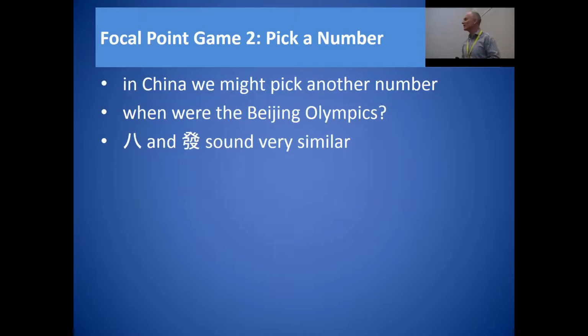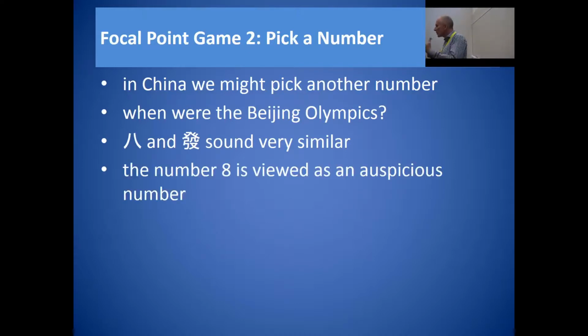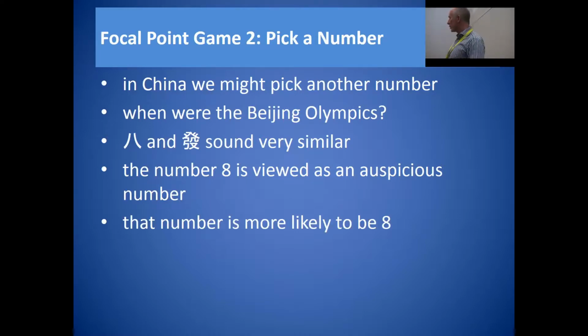So were I to repeat this game in a Chinese setting, in a group of students in a Chinese lecture theatre, the chances are, because of all these connotations that 8 has with good luck, the number that I get back is more likely to be the number 8. And again, that would lead to a focal point in this game. So the more likely outcome would be that we both choose 8, as opposed to both choosing 7.